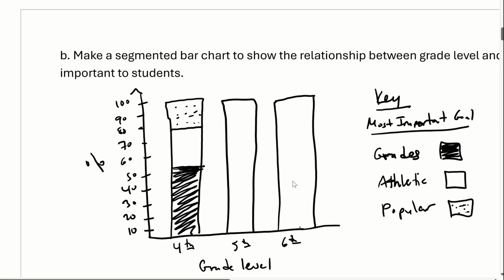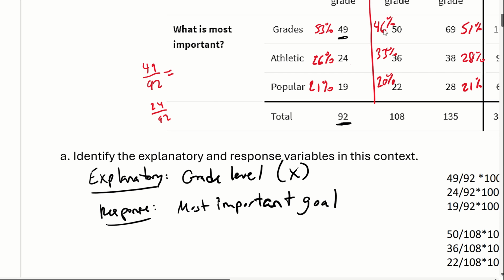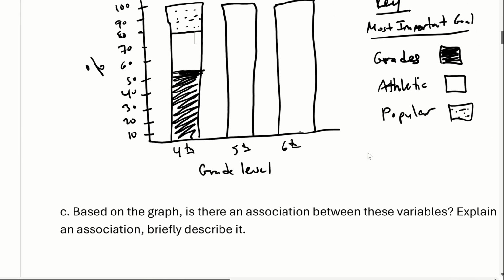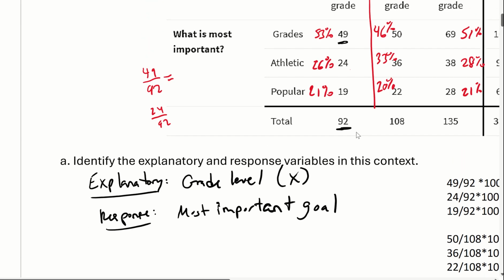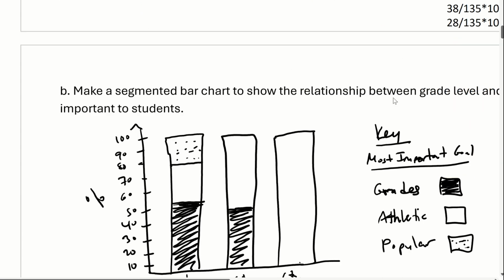All right. And then for 5th grade, it was 46% and then 33. So 46% is around here. Okay, and then we said 46 plus 33, that's 79. Again, that's close to 80.